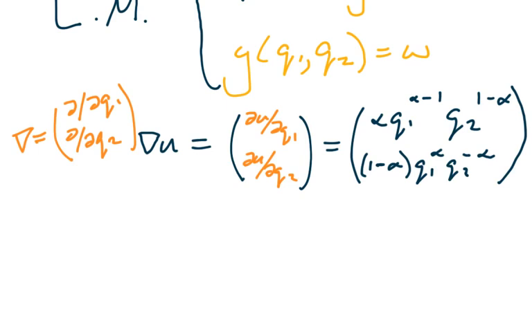Now we want to do the same thing for the gradient of g, which again is our budget function, right? This is the thing that tells us, price 1 times quantity 1 plus price 2 times quantity 2. And so if we're differentiating this, again, remember we're taking derivatives with respect to q1 and q2.